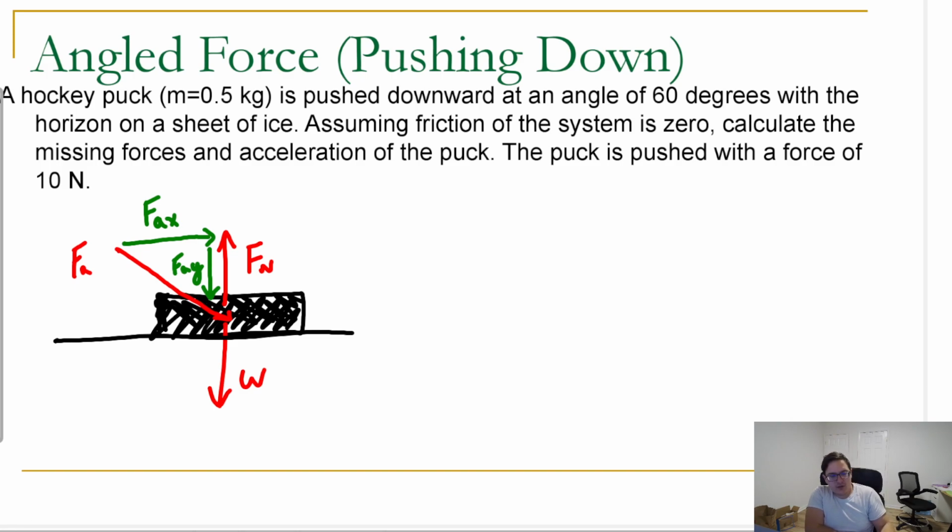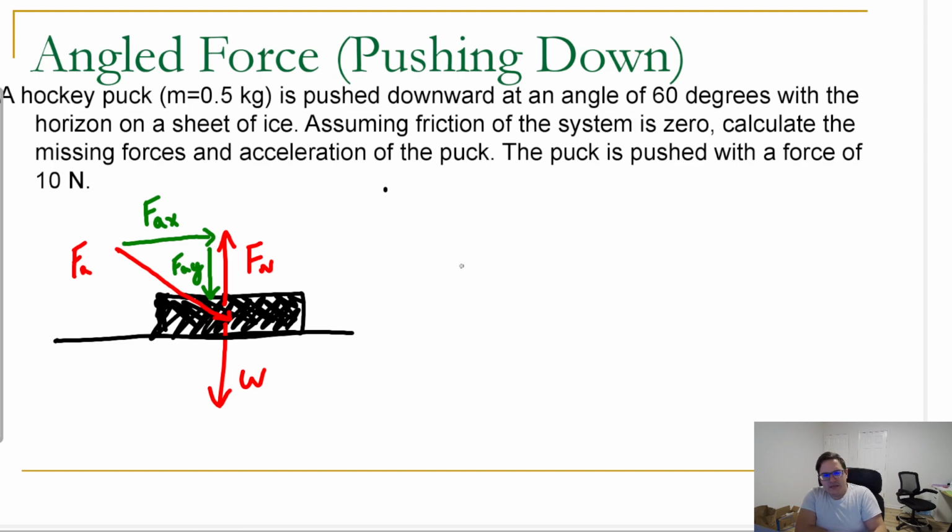All right, let's look. How do I find the acceleration of the system? Well, in the y direction, when you push down on a hockey puck, your hockey puck doesn't go through the ice and it doesn't fly in the air. So we know that all the forces in the y direction, up and down, are balanced.